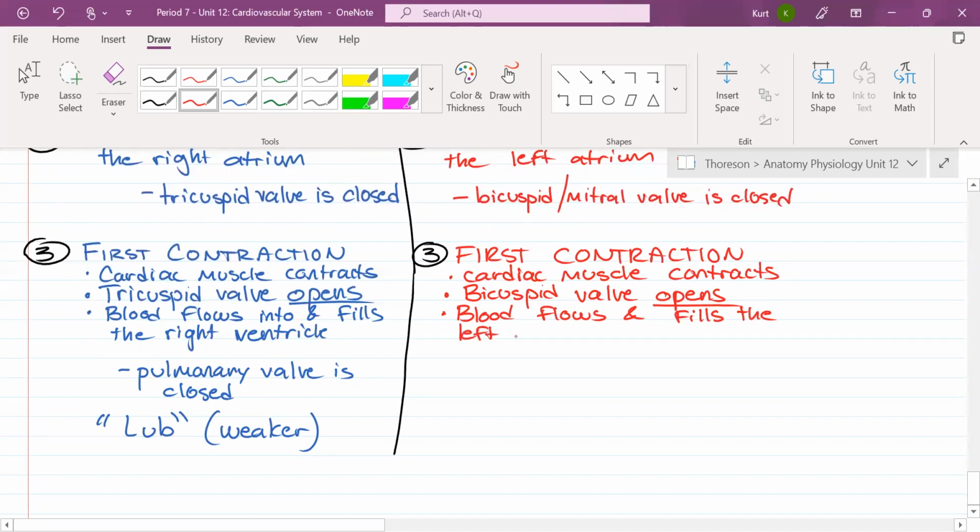Left ventricle. In order for the left ventricle to fill up with blood, what valve must be closed? Visualize the anatomy of the heart. What valve follows the left ventricle? The aortic valve. This is the lub. Again, this is the weaker one. See, this is happening on both sides simultaneously. We're halfway through.